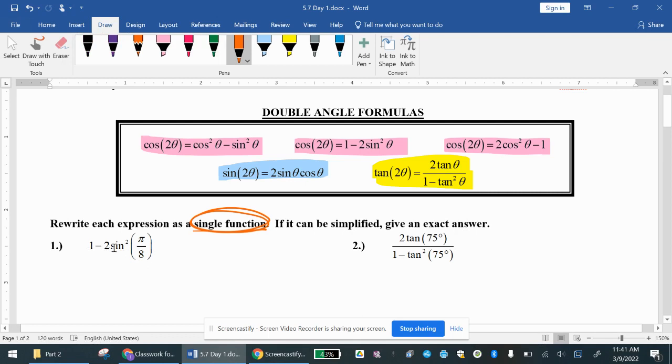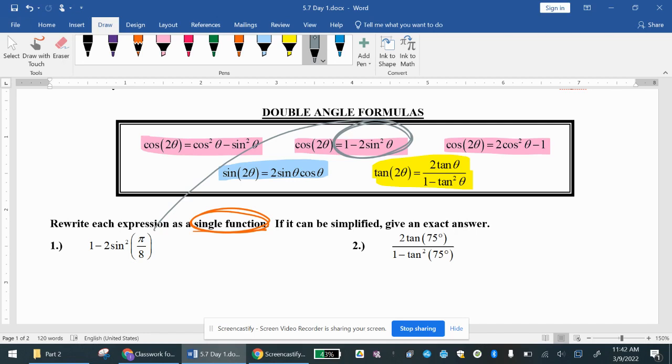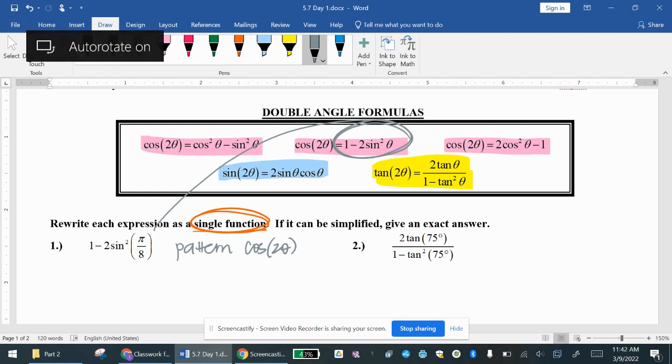Well, this looks like this guy. I can rewrite this since it has the pattern of cosine of 2 theta, or double angle of theta, for cosine. Then I can rewrite it as cosine of 2 times the angle.